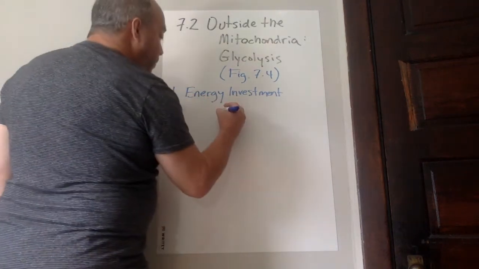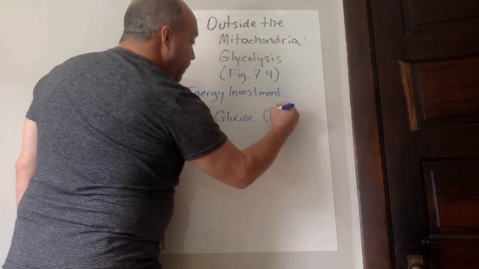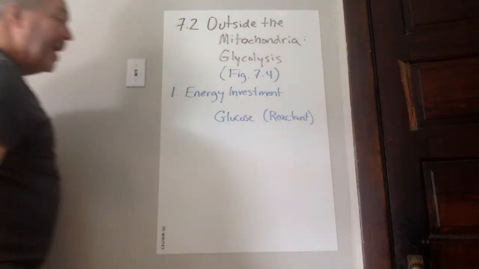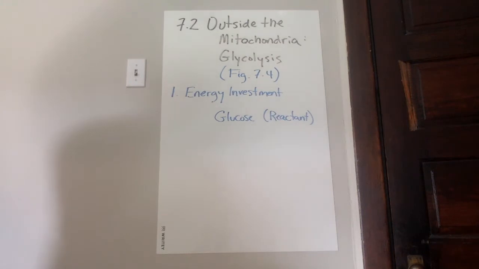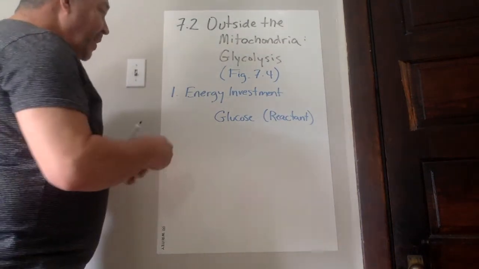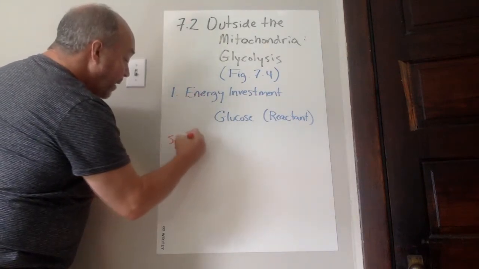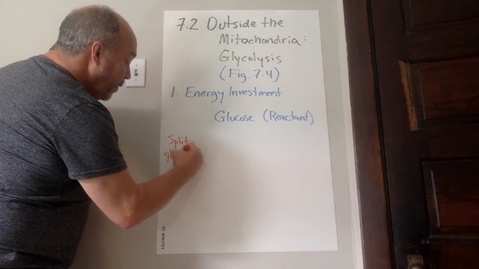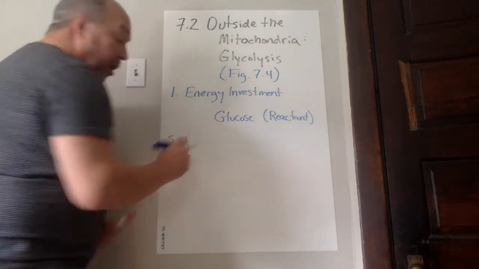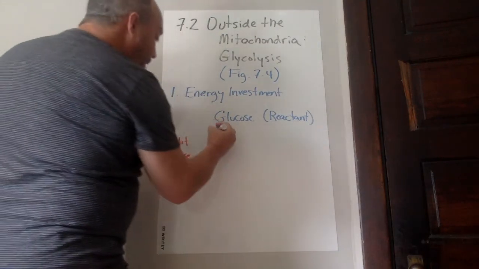To begin this, we start off with glucose. Glucose is the reactant of the energy investment phase. And you can see this molecule is going to be split. So during the energy investment, we will split the glucose molecule. Glucose is a 6-carbon molecule. So you notice those black dots that are in the picture.